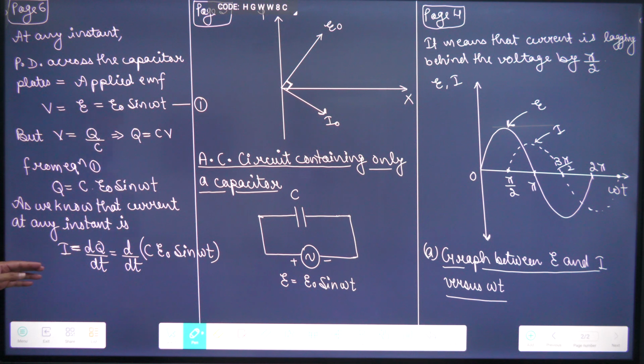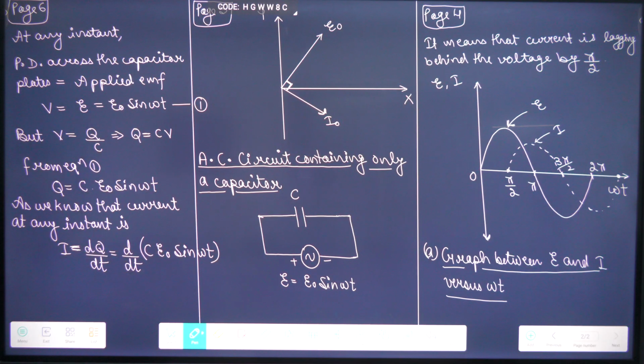So I is equal to d by dt. Actually, this is the formula of current. Current is I is dq upon dt. So what I have written d by dt, and in place of Q I have written C E naught sine omega t. Now we will be differentiating this.